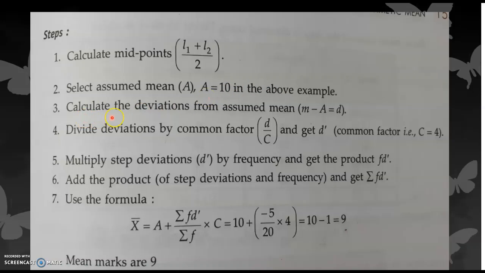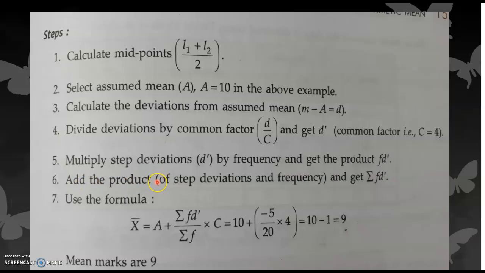Then calculate the deviations from the assumed mean, that is M minus A, equal to D. Divide deviations by the common factor C, D by C, and get D dash. Common factor here is 4, because the class interval of each class is 4. Then multiply step deviations D dash by the corresponding frequency, and get the product FD dash.